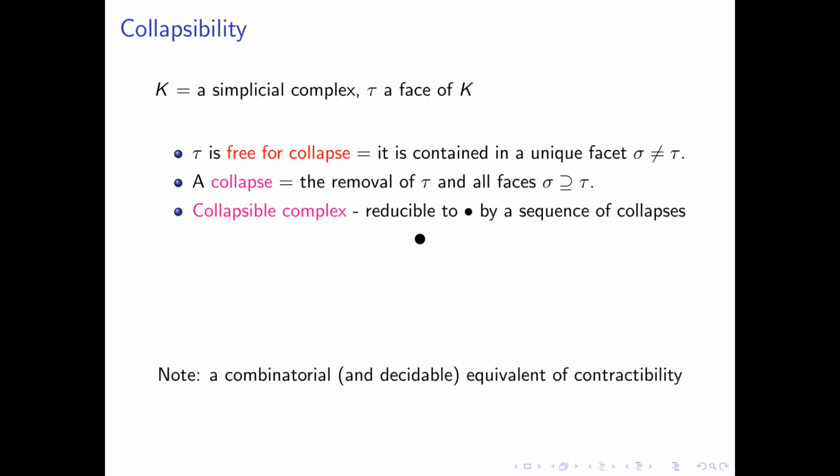On the other hand, collapsibility is obviously in NP, hence decidable. And our result, nevertheless, tells that it's not an easy task because deciding whether a three-dimensional simplicial complex is collapsible is NP-complete. And that even if that complex is contained in R3.